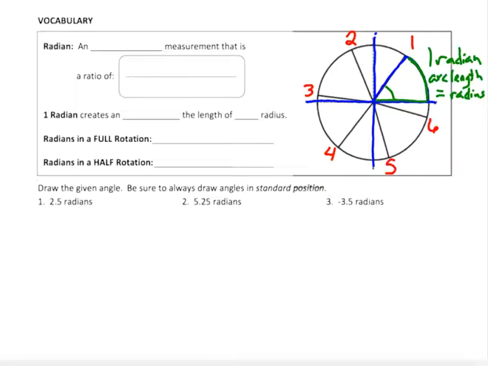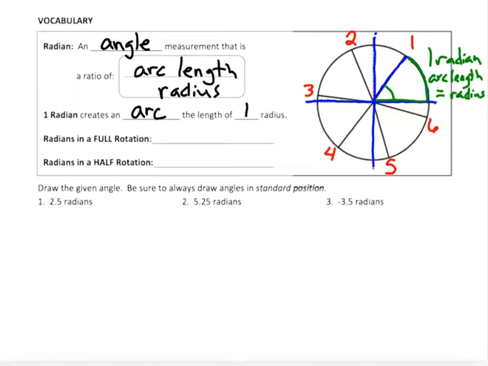If I start filling in some of these things here, a radian is an angle measurement that is the ratio of the arc length to the radius. One radian creates an arc the length of 1 radius. That's what we're looking at over here with this green angle.